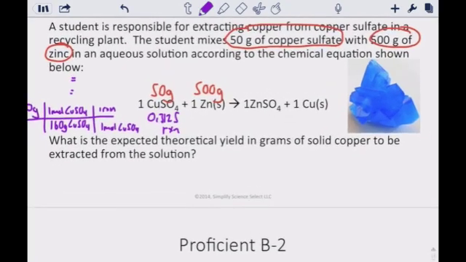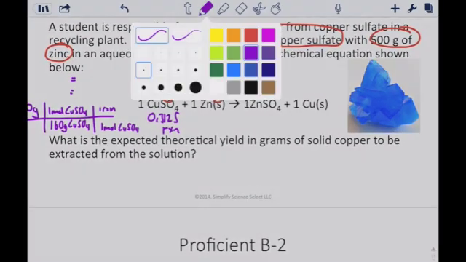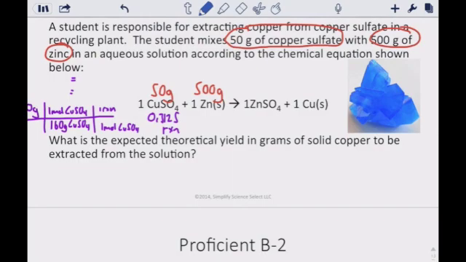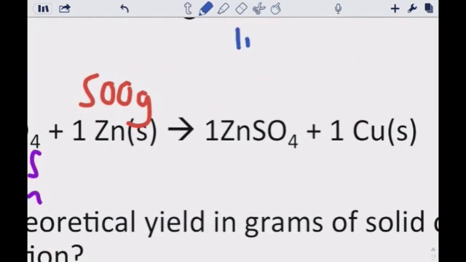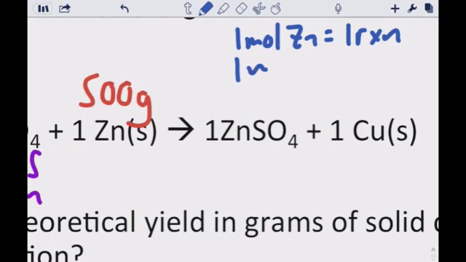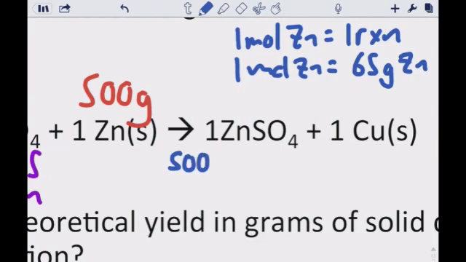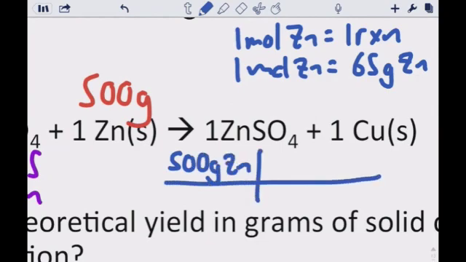Okay, we'll do the same thing for zinc. So we'll take zinc and do the exact same thing. We'll do zinc in blue. So when we're looking at this, we know that 1 mole of zinc is 1 reaction. And we know that 1 mole of zinc is right around 65 grams of zinc. And we start with what we're given. We're given 500 grams of zinc. And we set everything up.